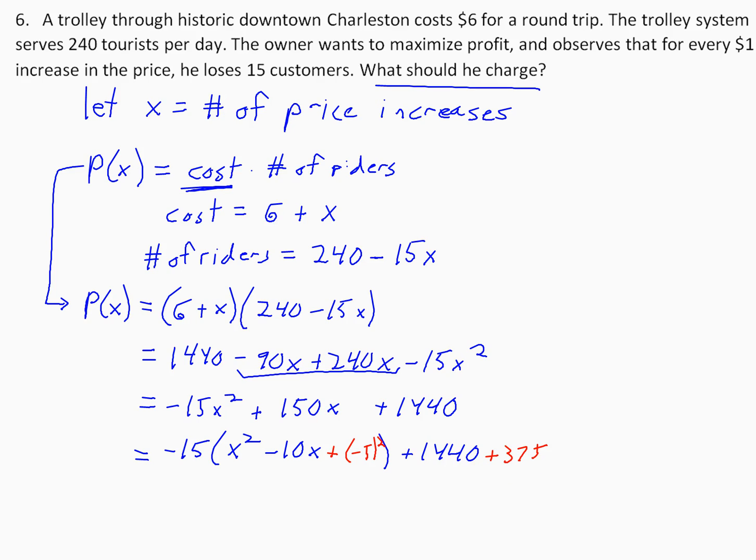And now that we've done that, we can write this in vertex form. This is negative 15 times x minus 5 squared, and then adding those two together, we get 1,815.